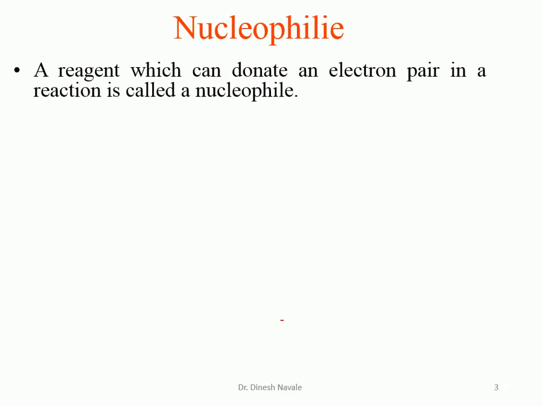Nucleophile. What is a nucleophile? A nucleophile is a reagent which can donate an electron pair in a reaction. That means any species which donates electrons during the reaction is termed a nucleophile.